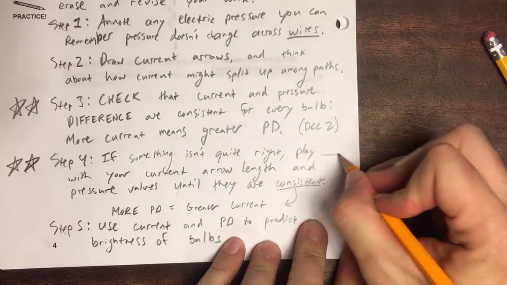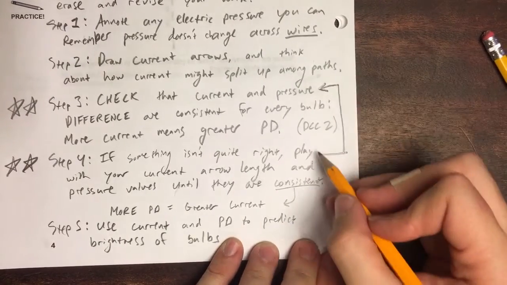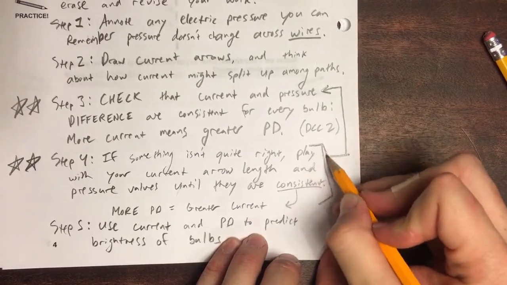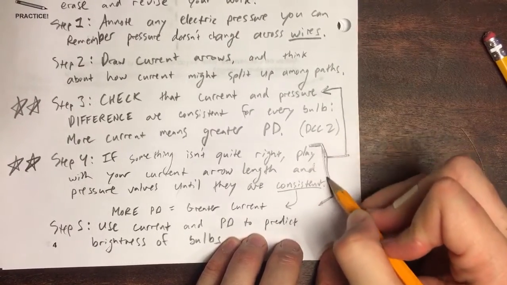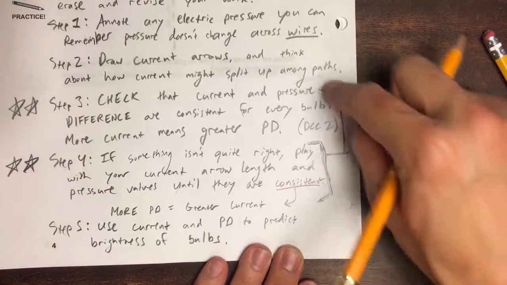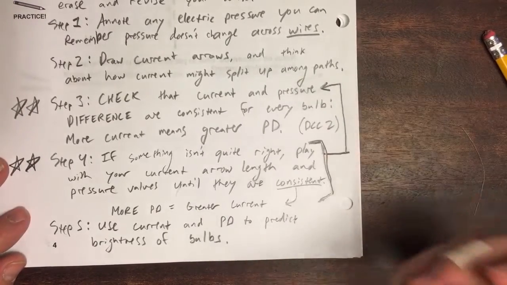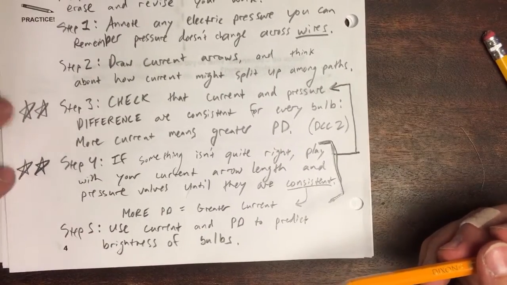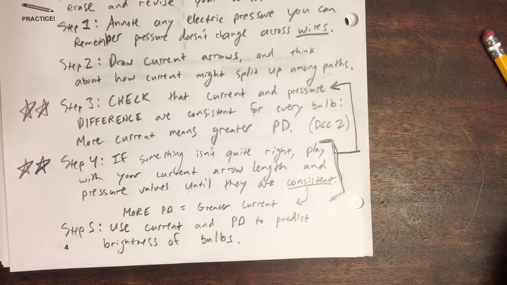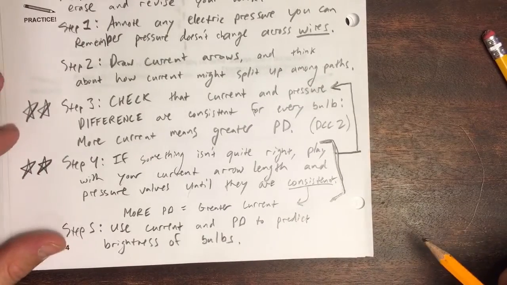So actually, there's an arrow here kind of going up and saying like, okay, you have to do that again and again and again until it's correct. You don't get to stop doing this until you see that they're consistent. Then you get to make your predictions. So practicing this step, and again, working in pencil, is the best way to get the hang of it and make sure that your predictions are always correct.